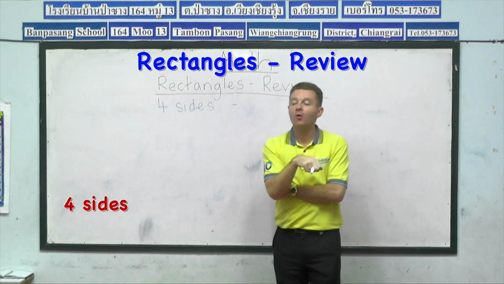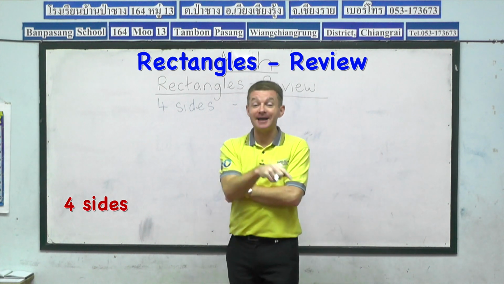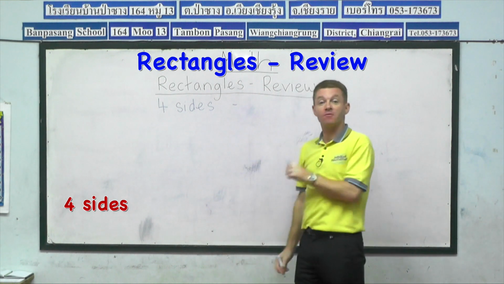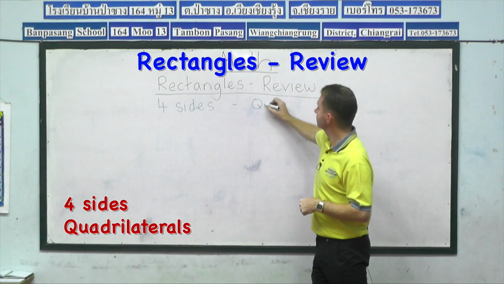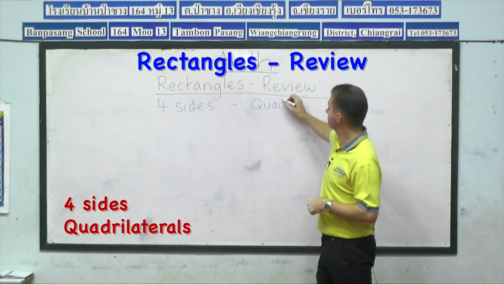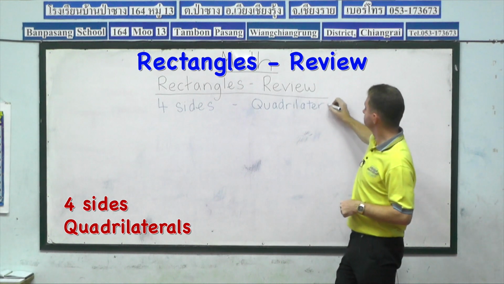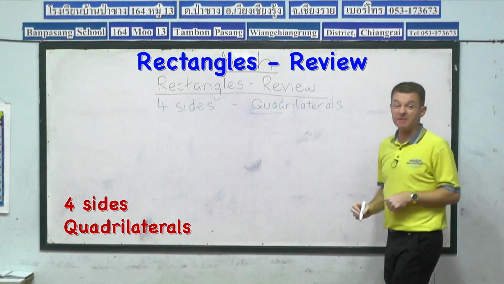Begins with qu. Square is one, but it's not quite. Square is a type of quadrilateral. Excellent, Prao. Very well remembered. All shapes with 4 sides are quadrilaterals. Quad actually means 4.